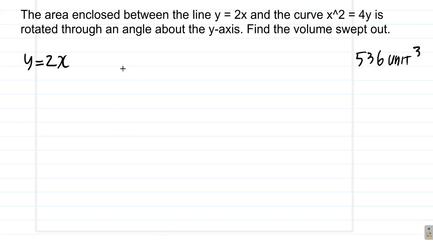Let's write it as 4y equals x squared, because you usually have y on the left and x on the right. You can transpose this and write y is equal to x squared over 4, or a quarter x squared.